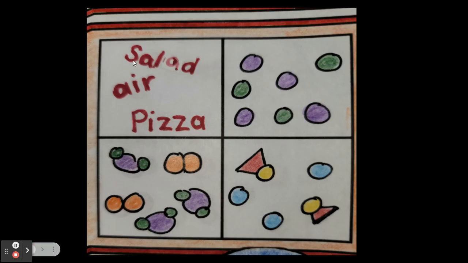So our examples, think of a salad. You can have lettuce, tomato, cucumbers, carrots, but they're all still parts of a salad. In the video we watched, they talk about air. So you've got oxygen, hydrogen, nitrogen. Those are all elements. And then you've got H2O. That's what makes the air thick and humid, the moisture, the water.